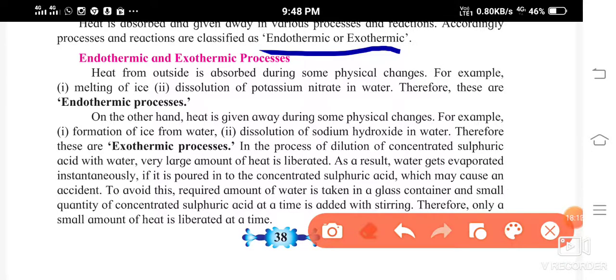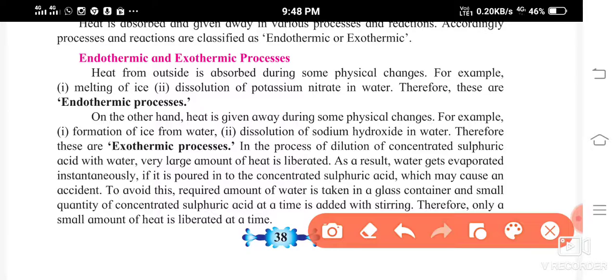Now see, endothermic and exothermic processes. Heat from outside is absorbed during some physical changes, for example, melting of ice and dissolution of potassium nitrate in water. Therefore, these are endothermic processes.